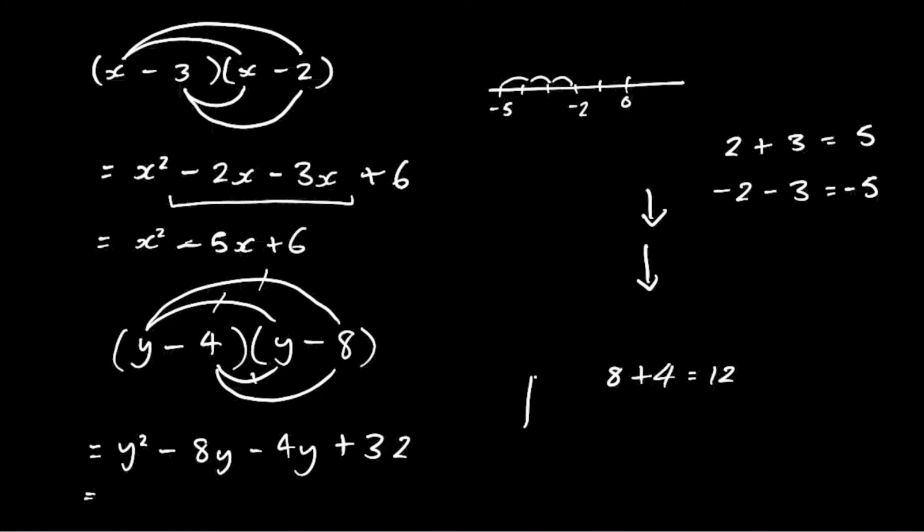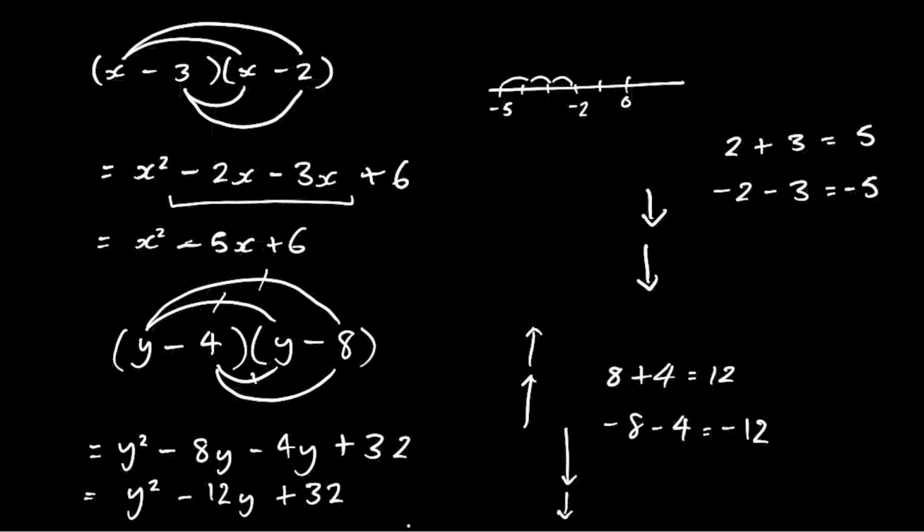So rather than adding on 8 and then adding on 4 on top of that to reach 12, we're now just going down. We're going minus 8 and minus 4. So it's the same distance, just going down rather than up. So minus 8 minus 4 is going to give us minus 12. Okay, so we're going to get y squared minus 12y plus 32. That is your final answer.